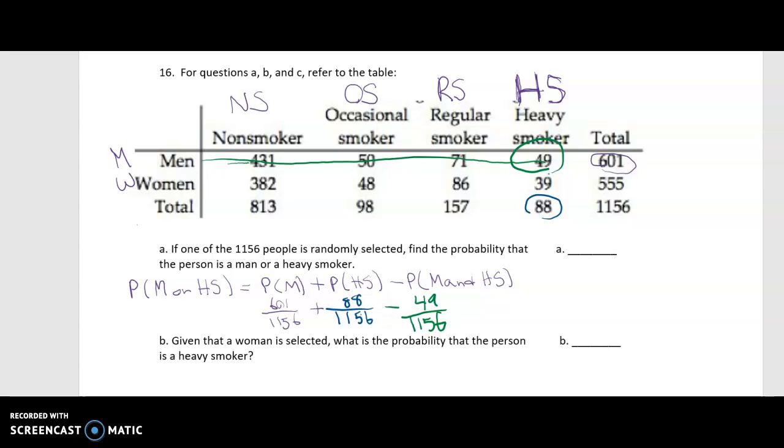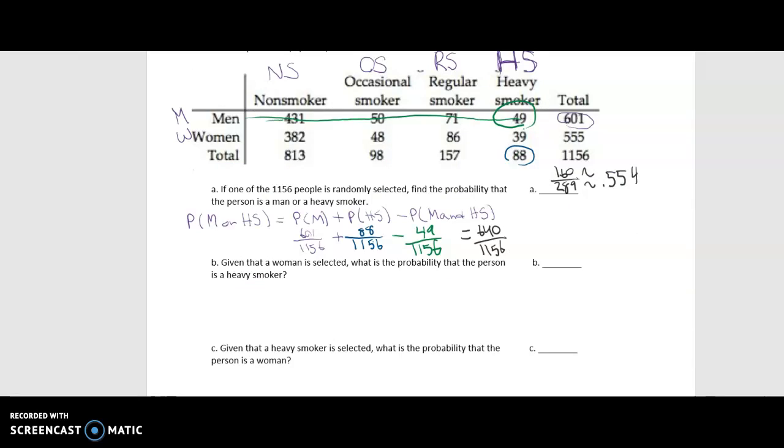So add and subtract across to get your final answer. We get a final answer of 640 over 1,156. That reduces to 160 over 289, or approximately 0.554. In the next example, we're asked, given that a woman is selected, what's the probability that the person's a heavy smoker?